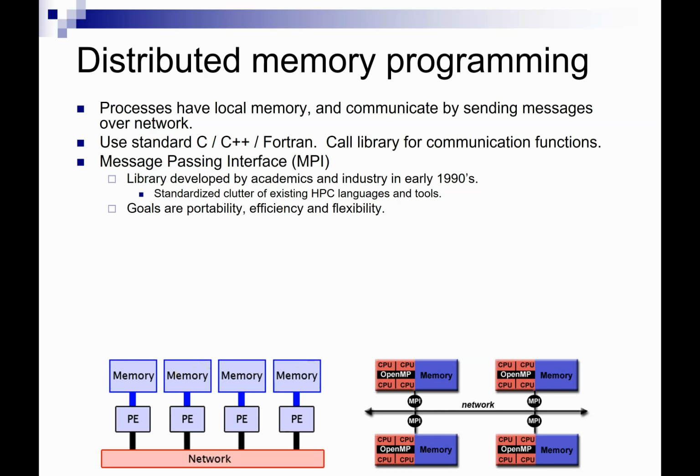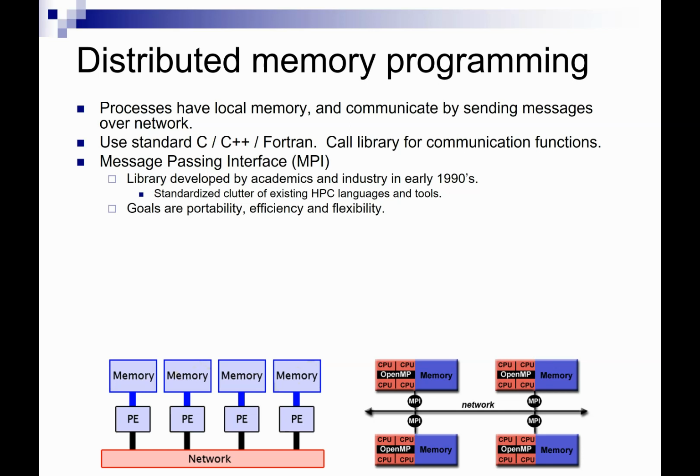There are several goals that they had in mind when they developed MPI. First of all, they wanted MPI to be as portable as possible across different architectures. Of course, when you implement MPI on different architectures, you have to take into account the special characteristics of that architecture.